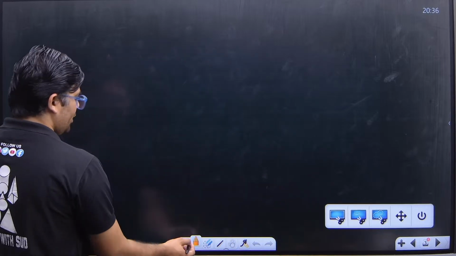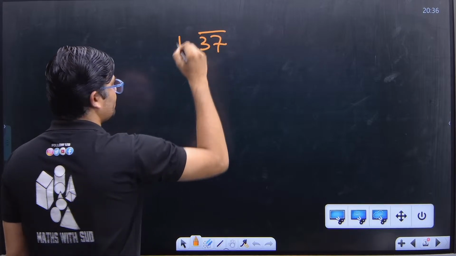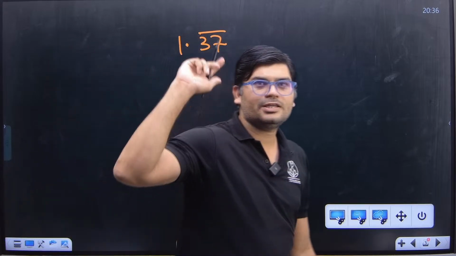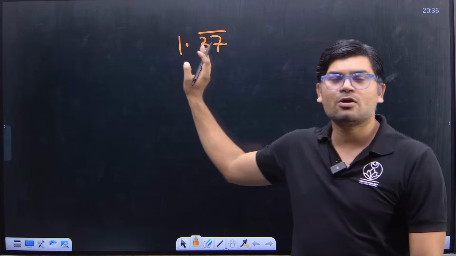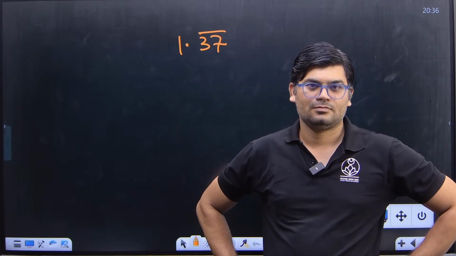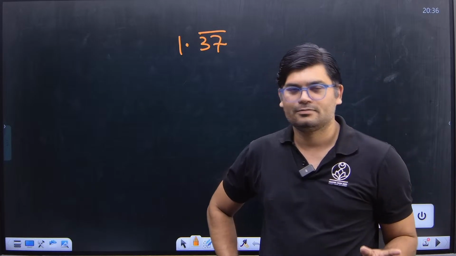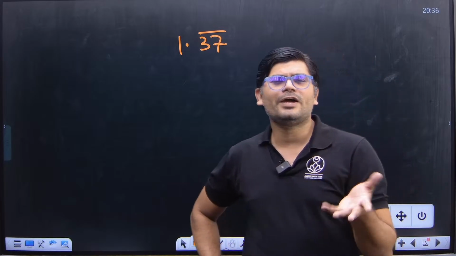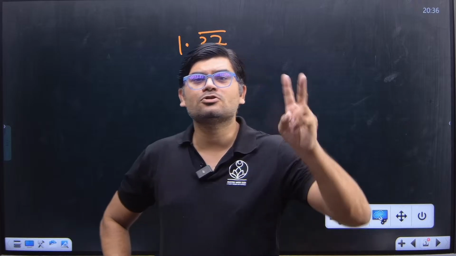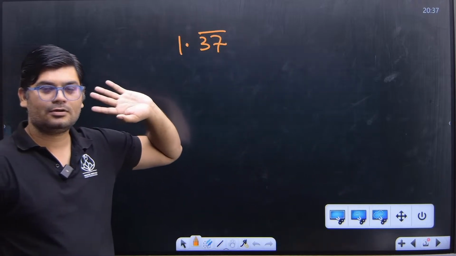Let us see, if I ask you 1.37 bar, what do you think about this number? Is this a rational number or not? Sir, it is a non-terminating rational number. Okay, don't say non-terminating, just say repeating. It is repeating. Why do you use non-terminating? Non-terminating has got two parts, repeating and non-repeating. So this is repeating.